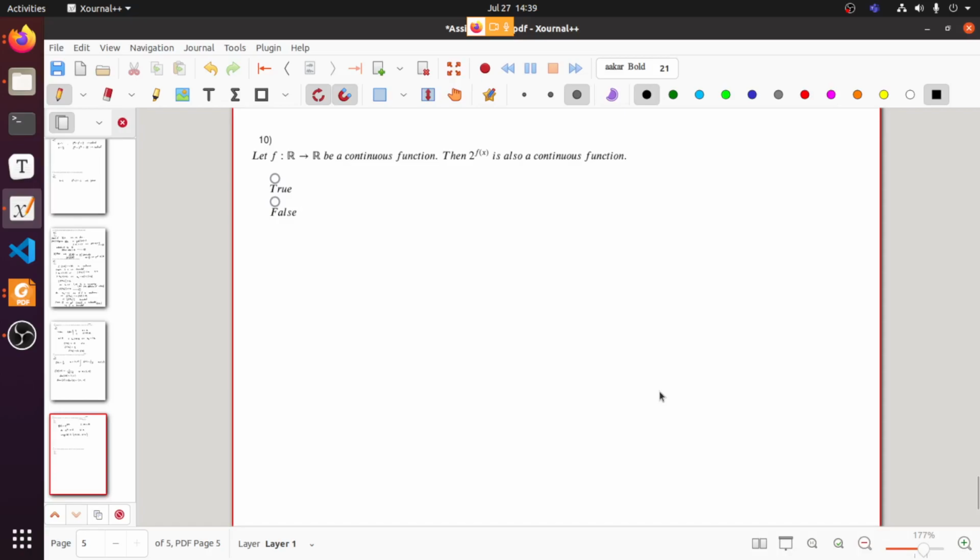Now come to the last question. What is it saying? If f is a continuous function, then 2 to the power f of x is also a continuous function. Okay, so this will be true.